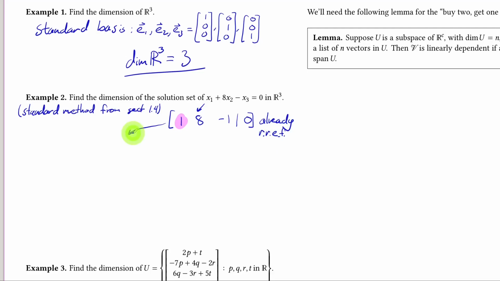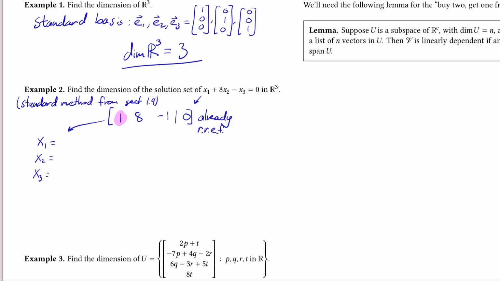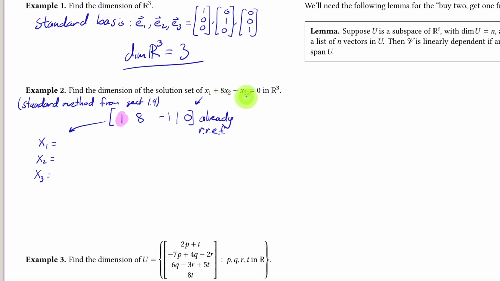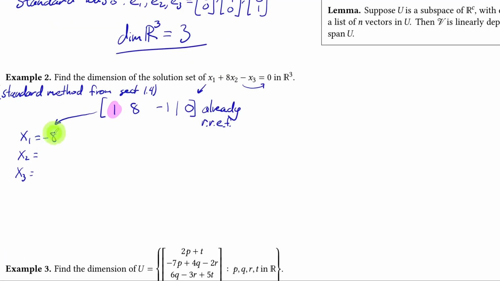And we can write the basic variables in terms of the free variables, which are x2 and x3. So just moving the 8x2 plus x3 to the other side, you get that x1 is negative 8x2 plus x3. x2 and x3 are just x2 and x3.